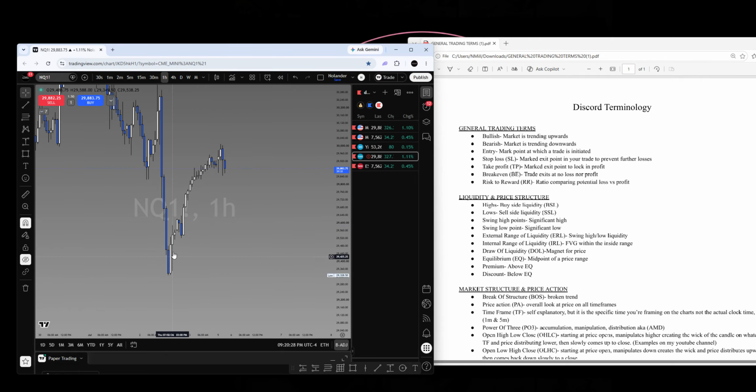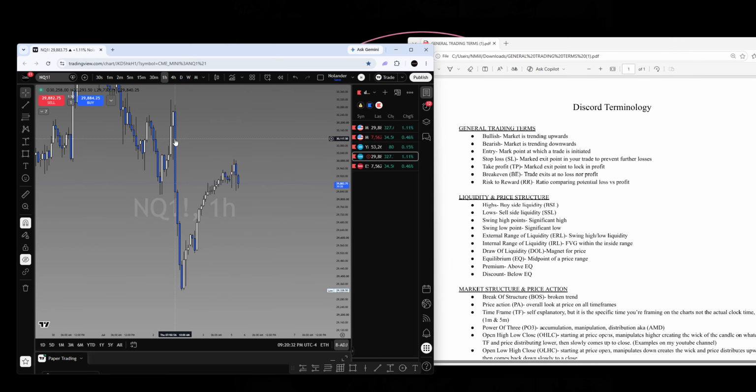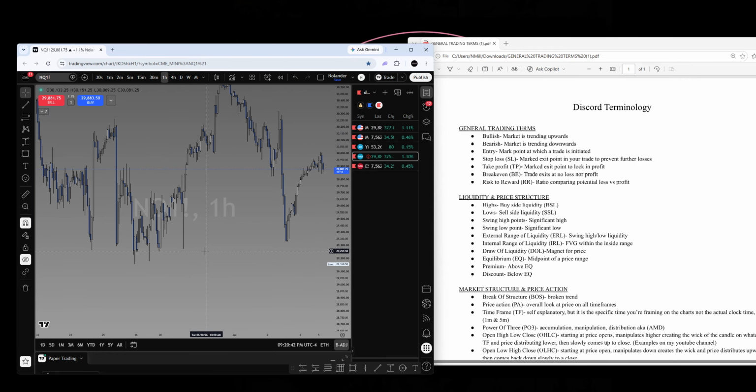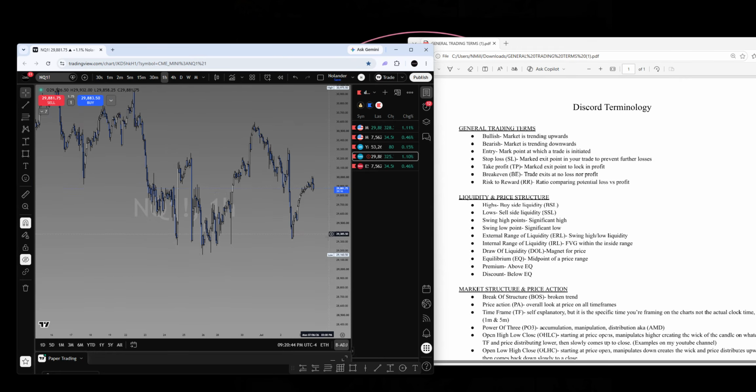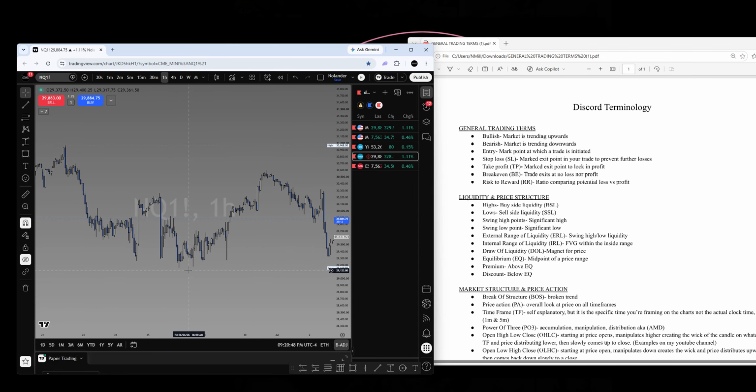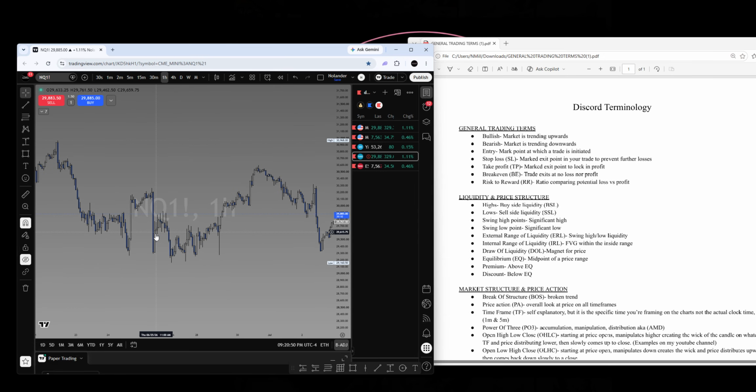Original colors would be green, green candles expanding upwards. For original colors to be red, we would want to see our bearish candles form in a downtrend as well. And you can see this is what the market does over and over and over again. Little pump and dump.